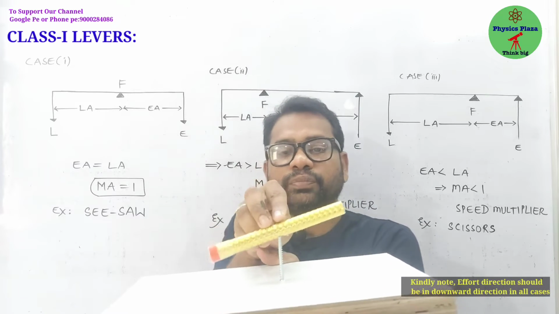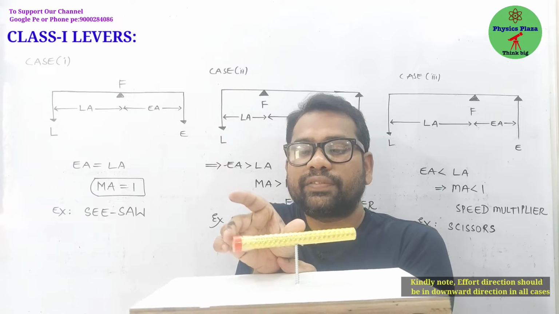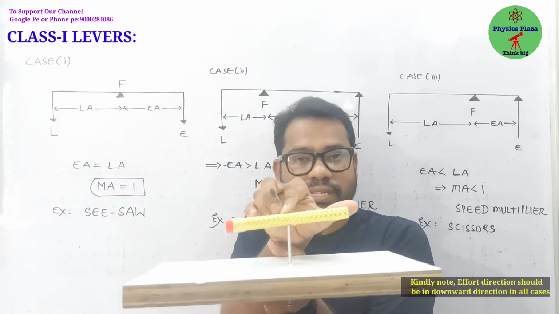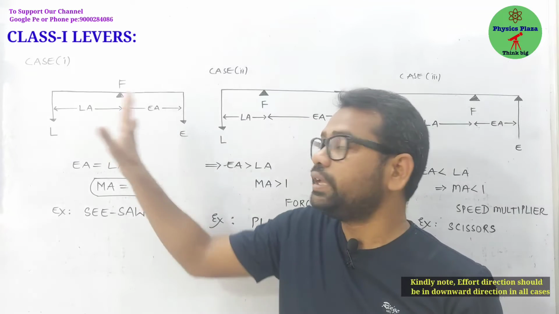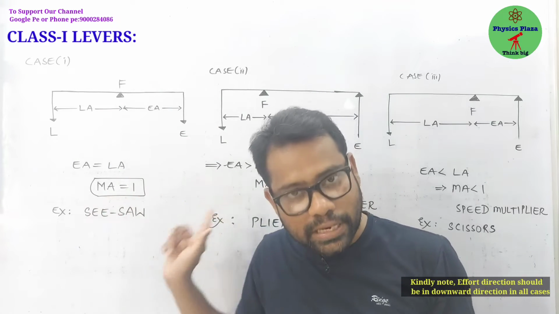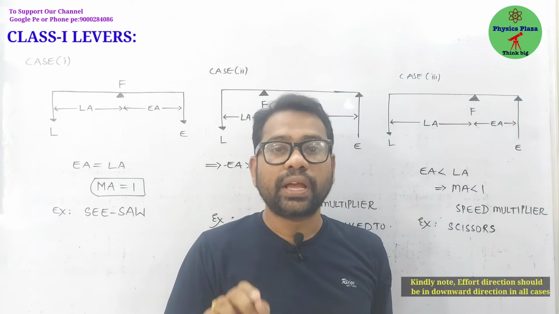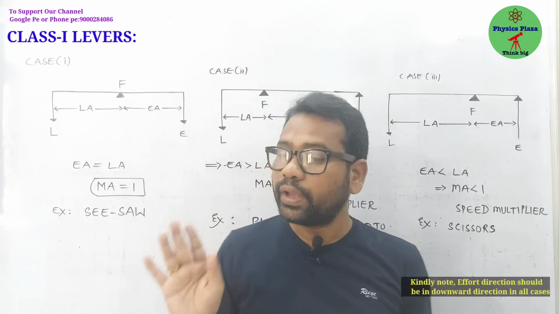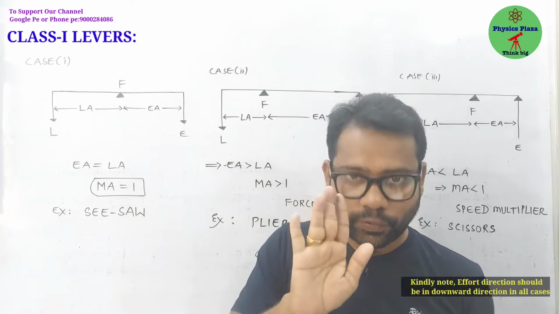I tried to adjust it so that the left side length is equal to the right side length. So this is the best example for case 1 of the class 1 lever, where the mechanical advantage is equal to 1. In which case is the mechanical advantage equal to 1, children? Where the effort arm is equal to the load arm. Is it clear? Fine, children.